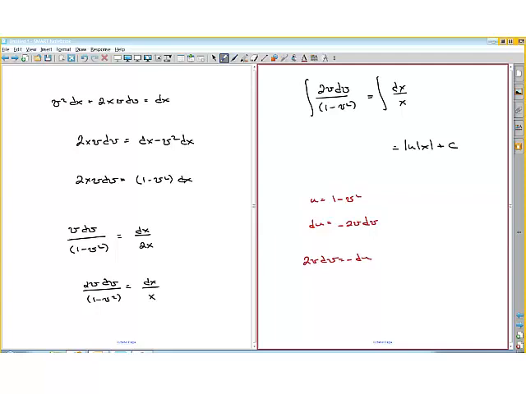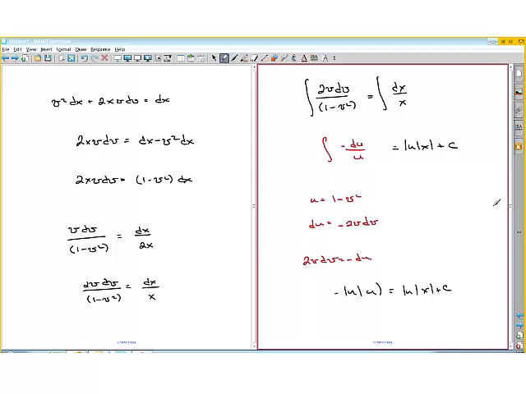And so this becomes the integral of negative du over u. So the integral of negative du over u is equal to negative the natural log of the absolute value of u is equal to the natural log of the absolute value of x plus c.